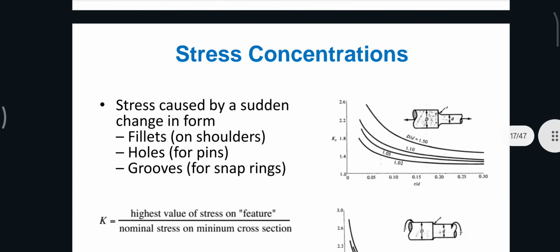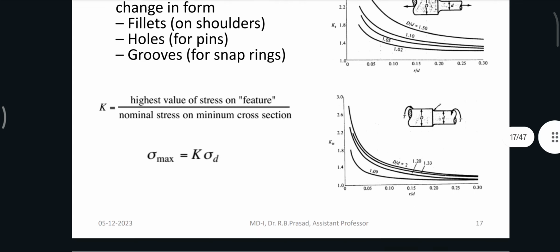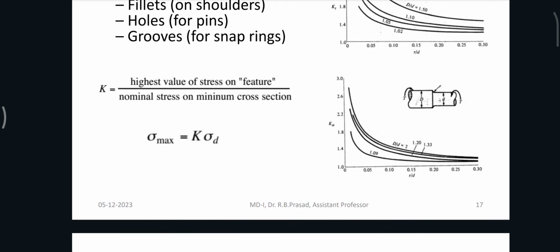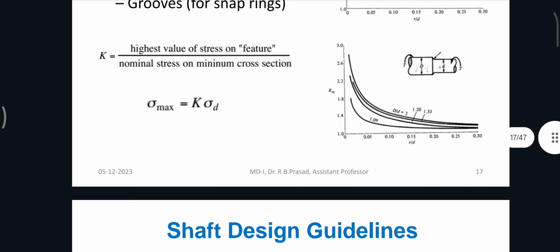Stress concentration: stress caused by a sudden change in form, such as fillets, holes, grooves. Concentration ratio: K equal to highest value of stress on feature by nominal stress on minimum cross section, sigma max equal to K into sigma d.